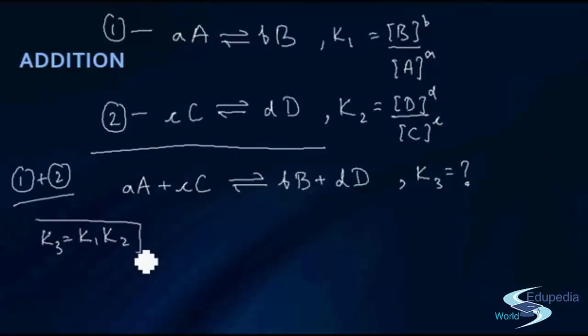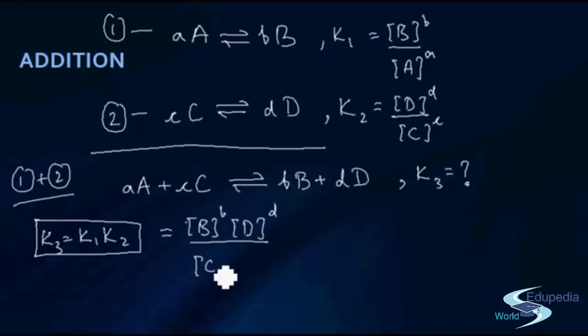This is what you have to memorize: K3 is simply going to be equal to K1 into K2. How is that? It's pretty simple again. K3 can be written as concentration of B raised to small b, concentration of D at equilibrium, and similarly concentrations of C, A raised to their stoichiometric coefficients.